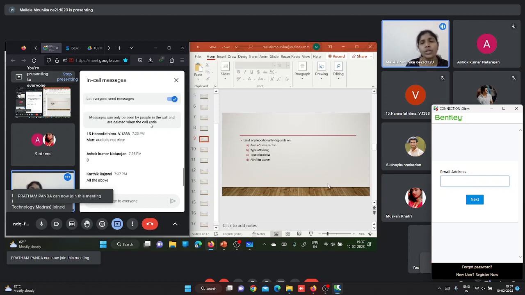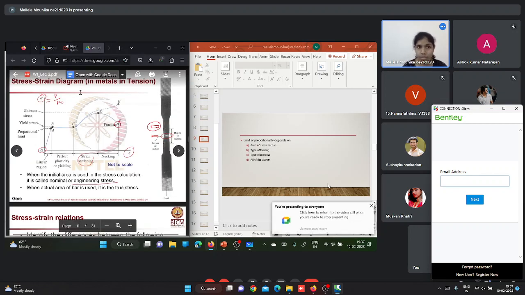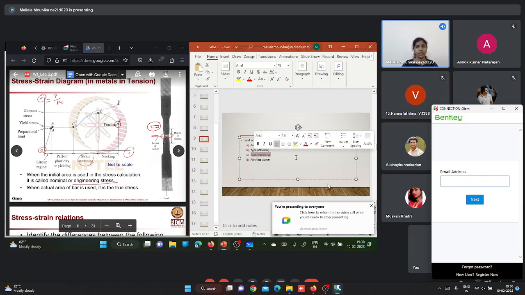It's not actually all of the above, because it doesn't pertain to the area of cross section or the type of loading. Why is it so? It doesn't depend on the area of cross section or the type of loading. It will only depend on the type of material.